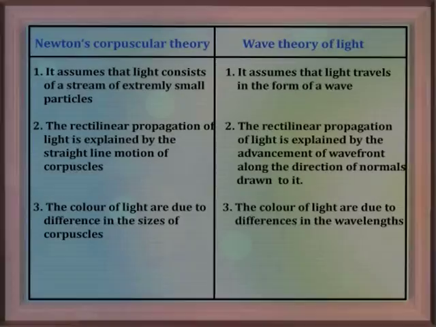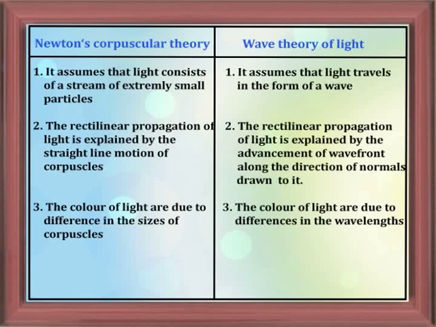Let us compare Newton's corpuscular theory and the wave theory of light. Newton's corpuscular theory assumes that light consists of a stream of extremely small particles called corpuscles. Wave theory of light assumes that light travels in the form of a wave. In Newton's corpuscular theory, the rectilinear propagation of light is explained by the straight line motion of corpuscles.